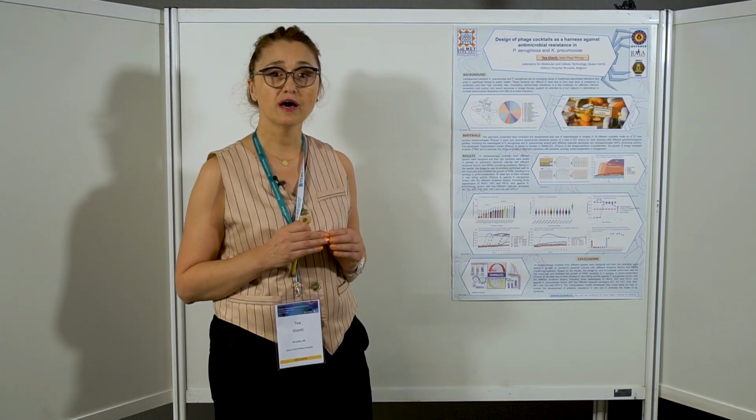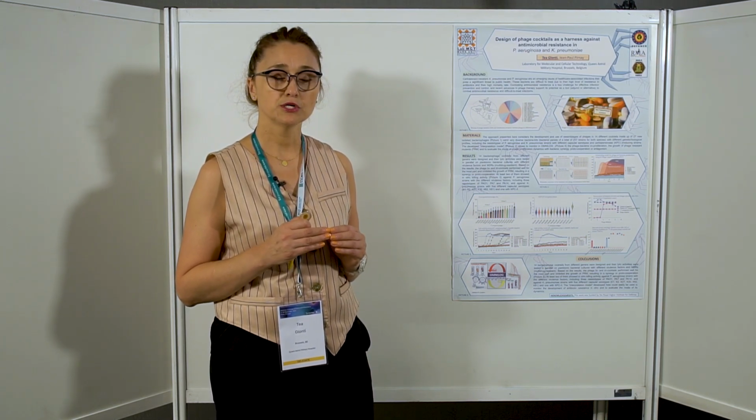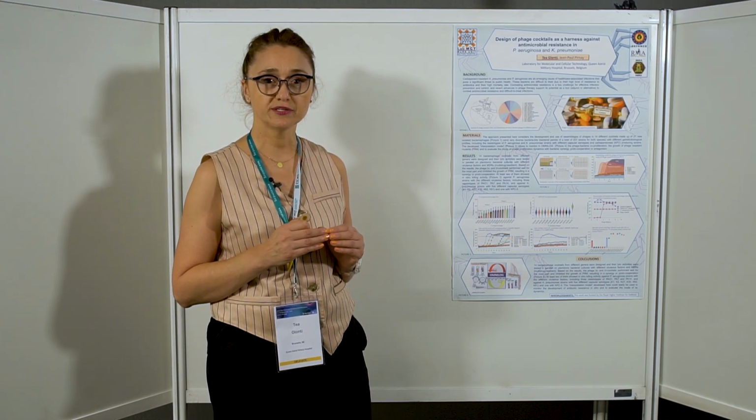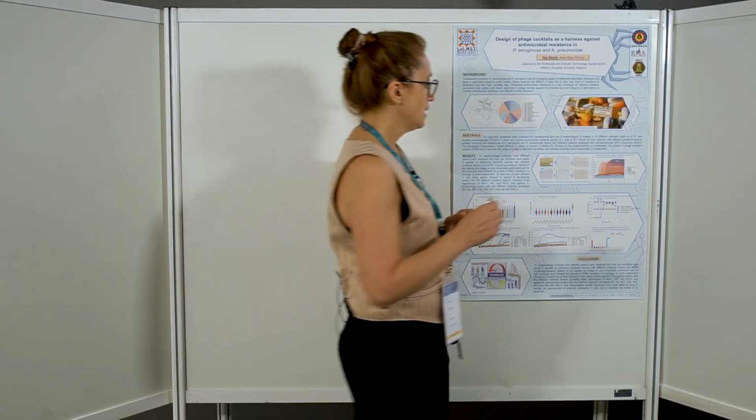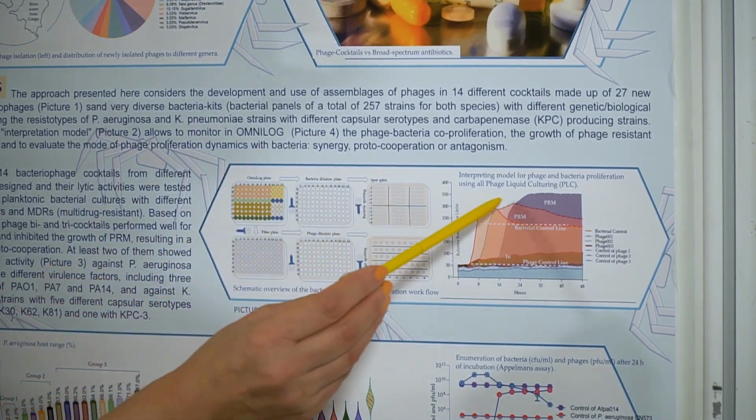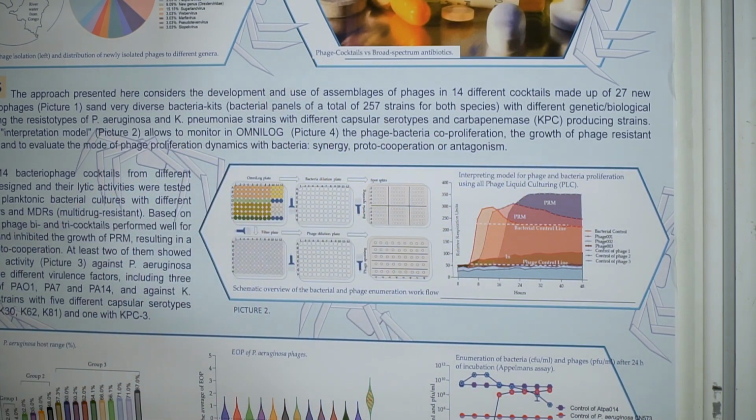A phage-bacteria co-proliferation curve that didn't have the same shape as the control bacterial curve and resulted in high RRU was considered as the growth of phage-resistant mutants.